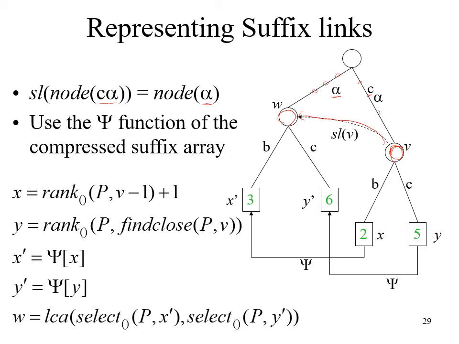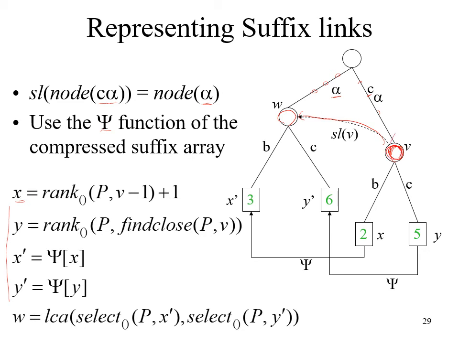To compute the suffix link, we can use the psi function of the compressed suffix array. So this is the algorithm. First compute x, which is the leftmost leaf below v.